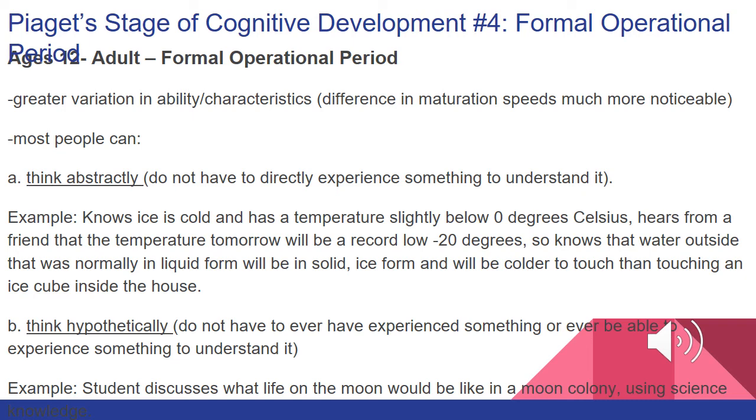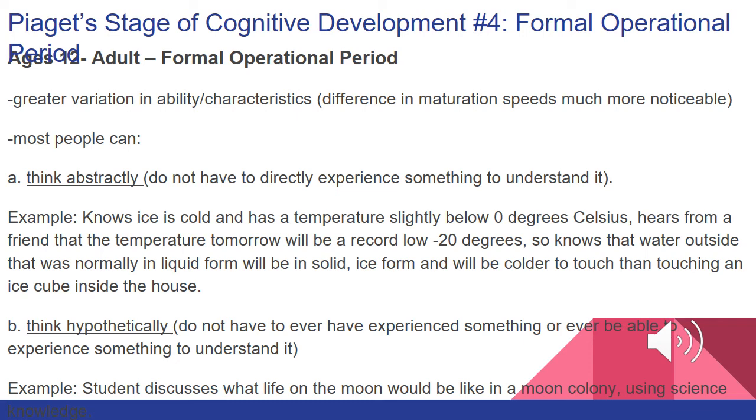Also, students are able to think hypothetically. So they'll be able to know that even if they have never experienced something, or even if something could never even occur in their lifetime, they can still understand it using principles they've learned before.